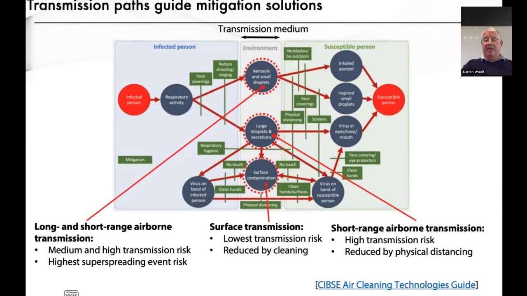This is the lowest transmission risk, and it's reduced by cleaning. What's interesting is how cleaning. Why do we clean surfaces? I read a research paper recently about the reanimation of virus particles off the floor. I'll talk a little bit about that later.